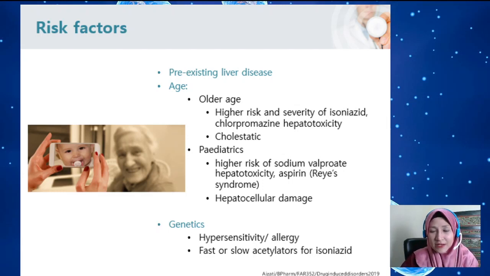They might develop an ADR which is not developed by others. Also related to genetics are the fast or slow acetylators for isoniazid. So the slow acetylators have an increased risk for isoniazid toxicity.